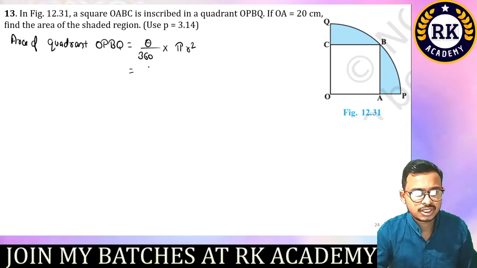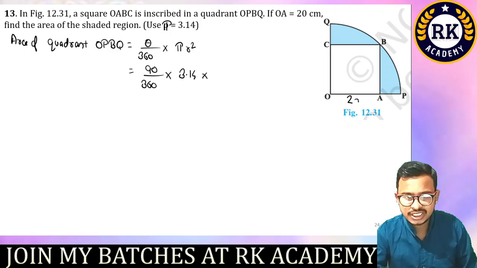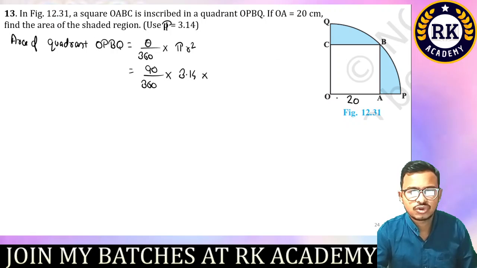What will be theta for a quadrant? 90 upon 360. The steps will be the same as the sum we just did. Pi was given as 3.14 in the question. And the radius, what is the radius? OA is given as 20 centimeter, and what is not given in the question is the radius of the circle. So what is the radius of the quadrant here? We don't know. So let us read it out again.